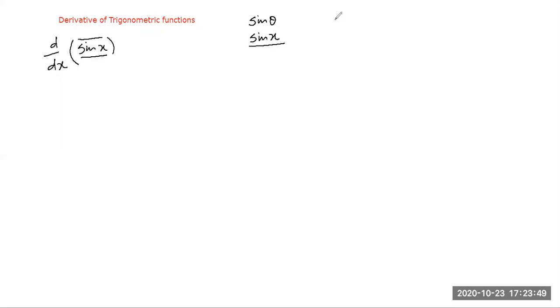We know what the first principle of derivative is, that is f'(x), the derivative of a function f(x), is equal to limit h approaches 0 of f(x plus h), where I'm increasing the value of the function by a differential amount h, minus f(x), divided by h, right?